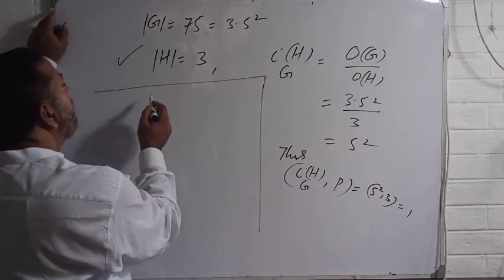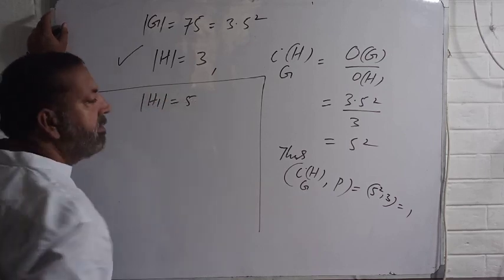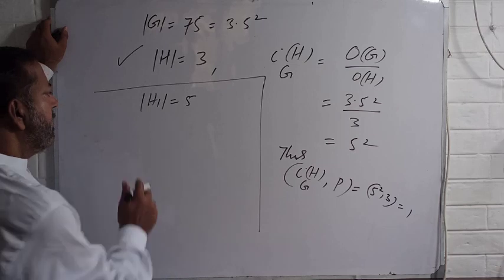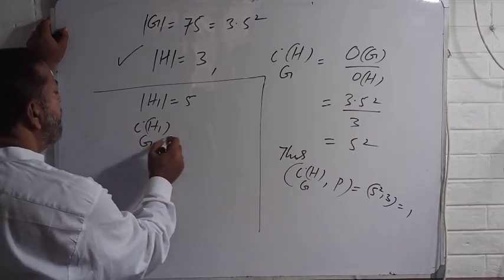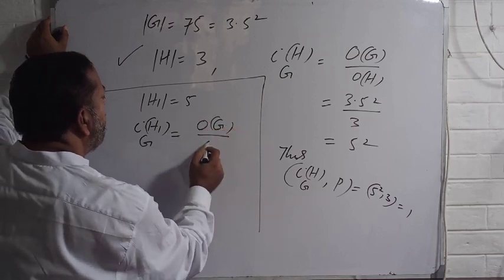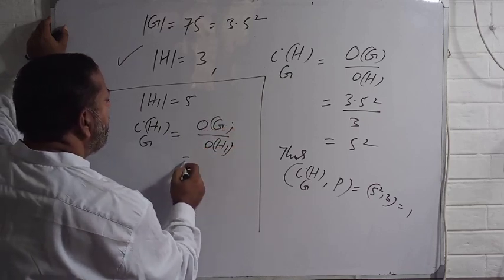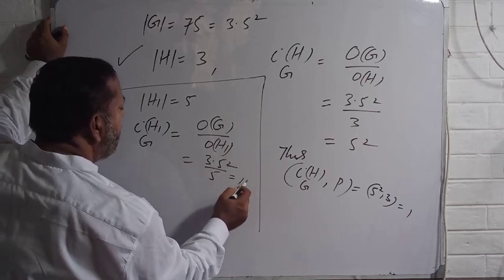Now, if you take H1 of order 5, then what is the index of H1 in G, which is order of G by order of H1, which is 3 into 5 square by 5, that is 15.